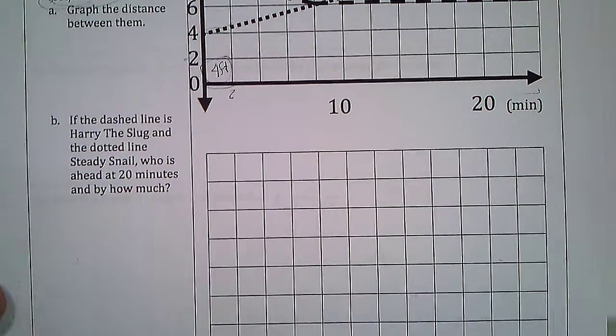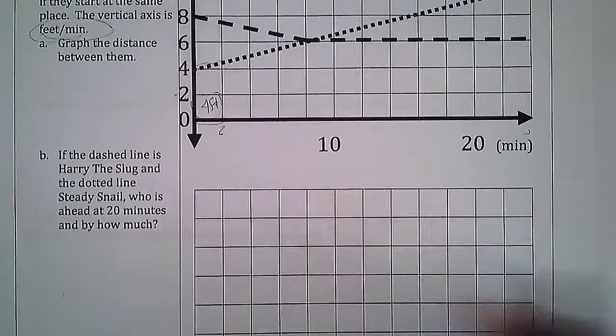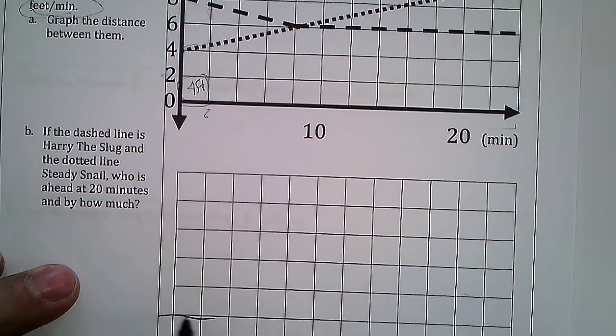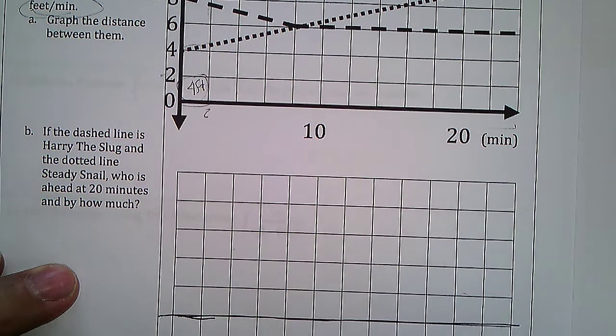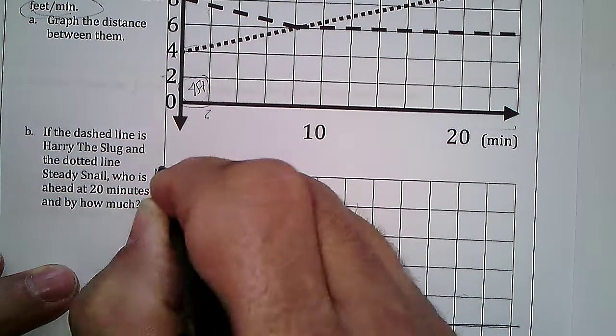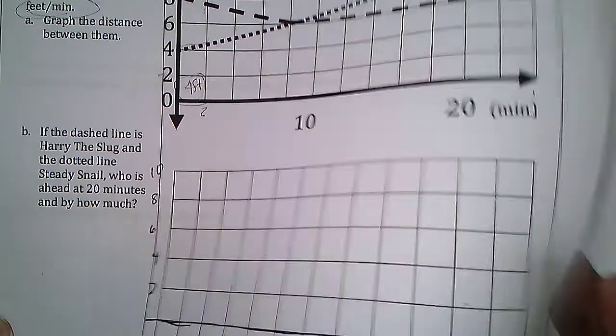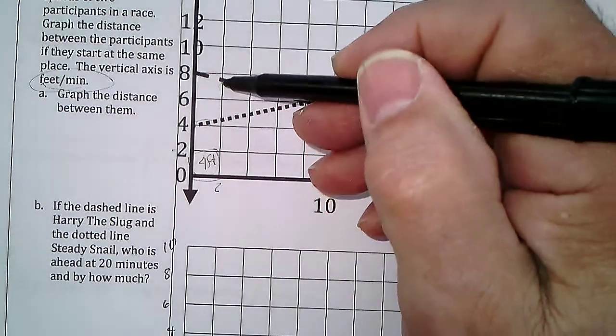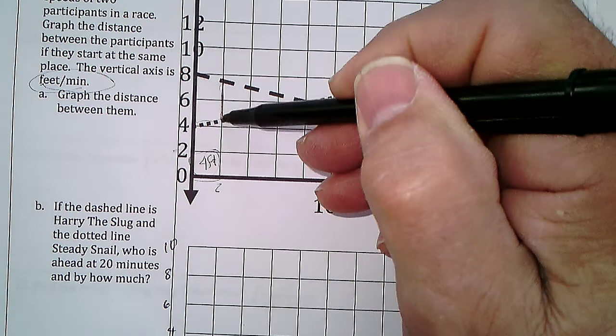Well, if this is a race, they start off at the same place, so I'll just make my x-axis here, and I'll make this 2, 4, 6, 8, 10. I hope that's enough. Let's see. How much distance is between them by the time we get to here?